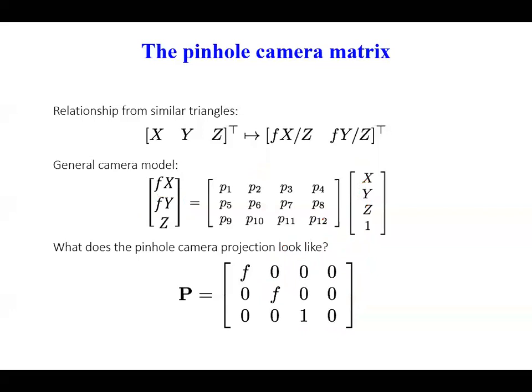I have the P with f, f, and 1. Correct? In some other places, if you were to read, you may find that this looks like that: 1 over f, zeros, and then 0, 1 over f, 0, 0, 0, but this should be f.